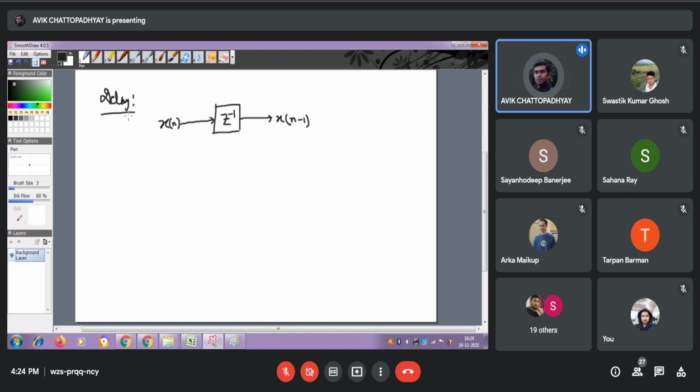So the storing of the past sample and bringing it to the present instant resembles this operation. It is just that kind of delay. This symbol has a special significance, but in general it will not always be minus 1. Depending on the number of delays or advancements you want, you can use different values.